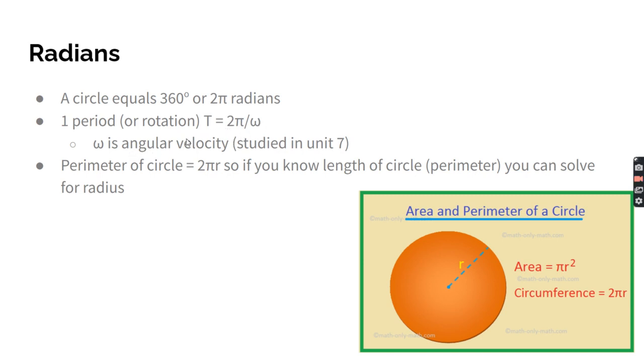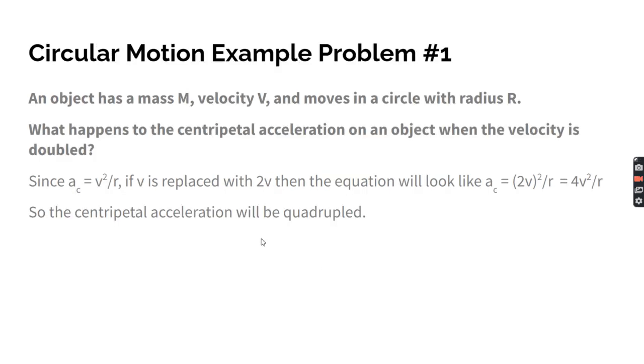You'll understand angular velocity. That'll be an important thing to learn in Unit 7. So the perimeter of a circle is 2 pi r. So if you know the radius of a circle, then you can find the length or perimeter of the circle. And if you know the perimeter or length, you can find the radius. So that's all. And you won't really be using area.